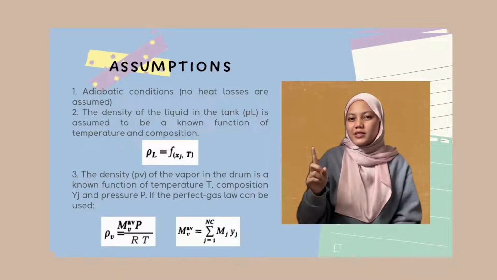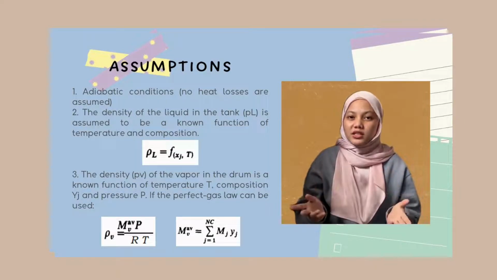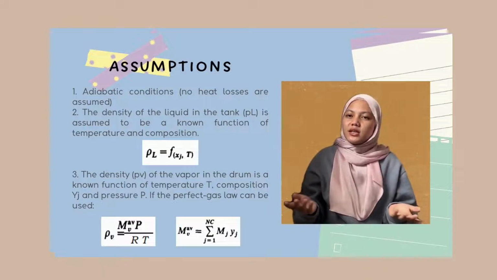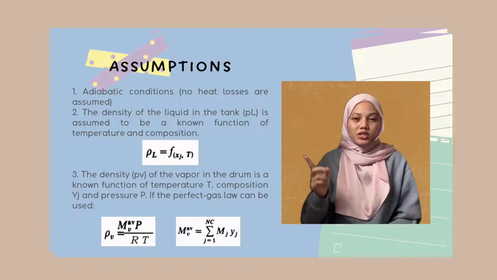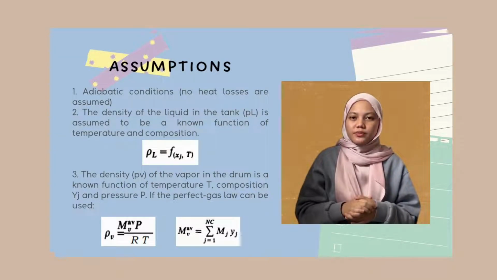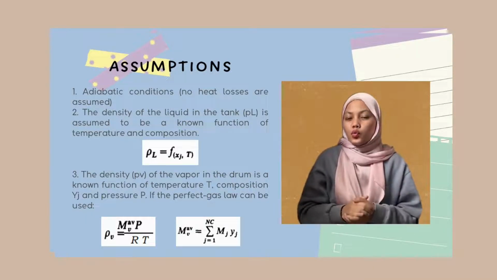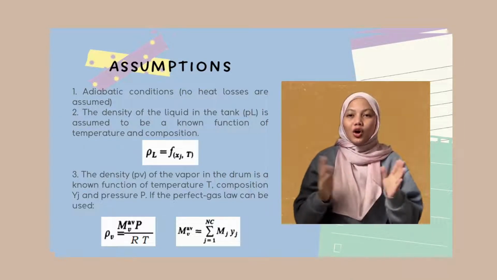Last but not least, the density of the vapor in the drum is a known function of temperature, composition, and pressure. If the perfect gas law can be used, the equation shown in this video is used, where My is the average molecular weight of the gas, and Mj is the molecular weight of the component.